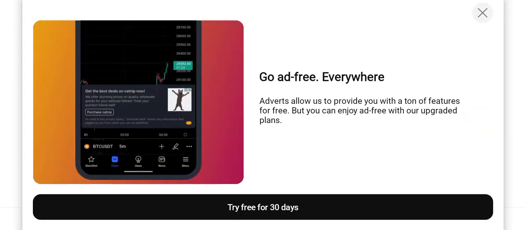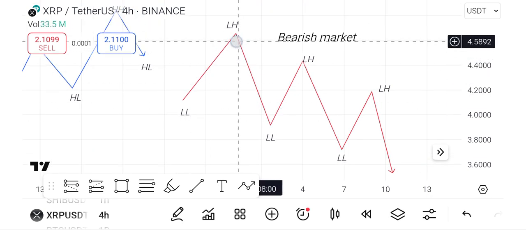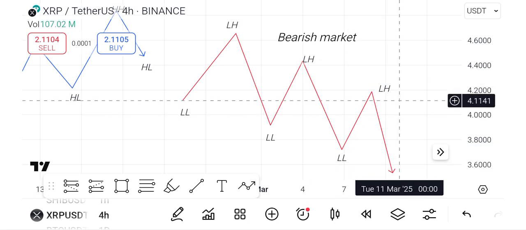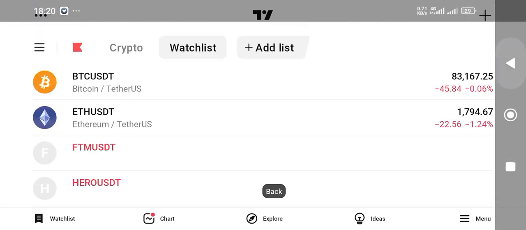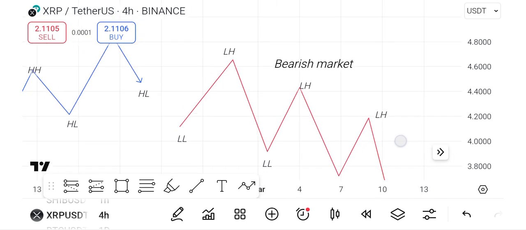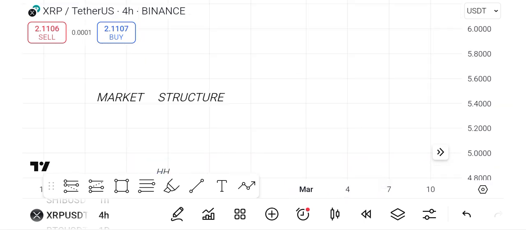It's coming down. That is what we call descending. The market is descending downward, which is a bearish market. Bearish market for you.